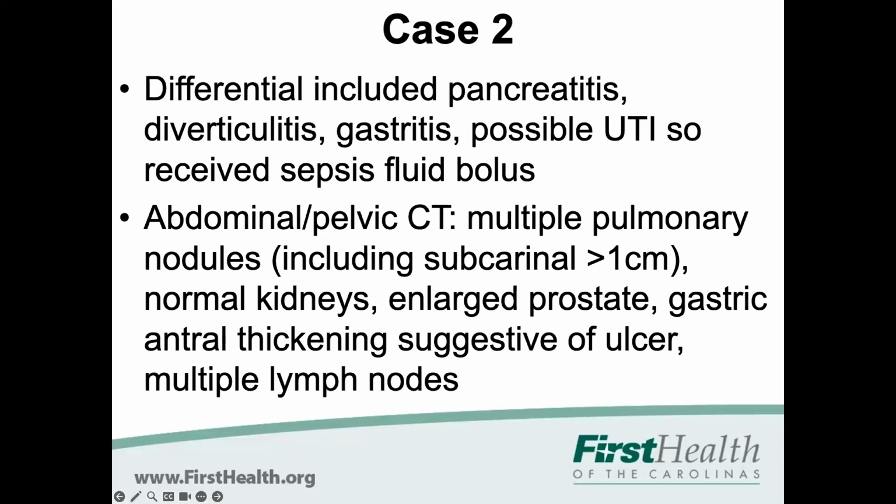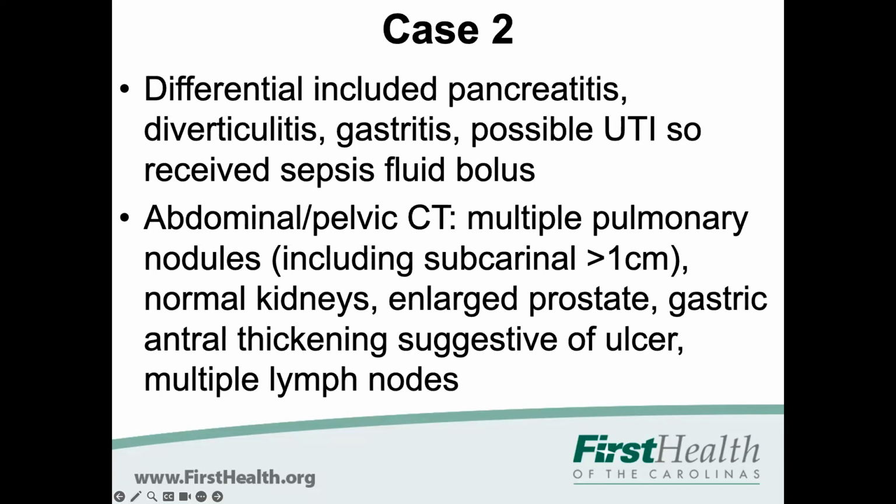His imaging indeed confirmed some subcarinal lymphadenopathy, which was obviously worrisome, as well as an enlarged prostate. And it turns out not only did he have the prostate cancer as a new diagnosis following discharge and upon presentation to an outside urologist, but also he did have a gastric ulcer.